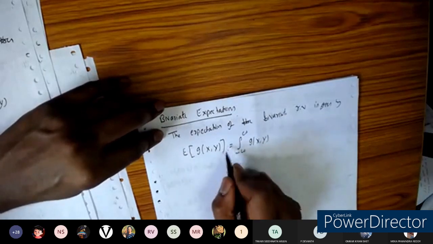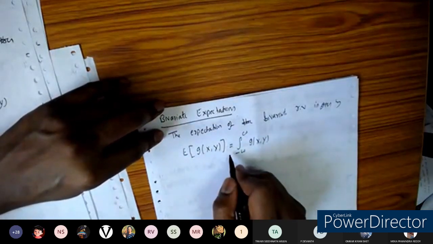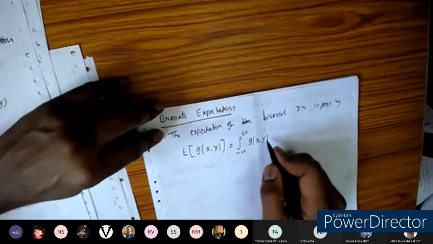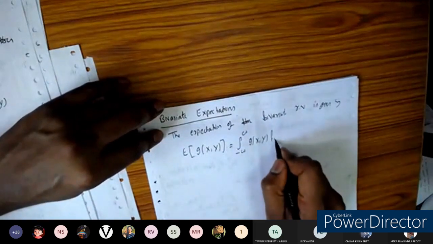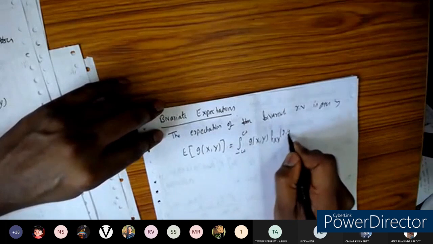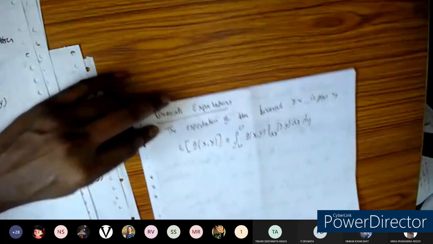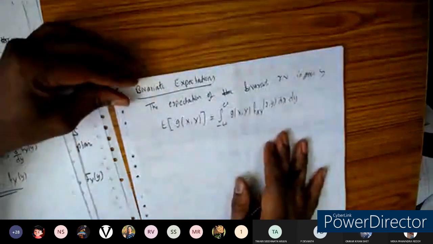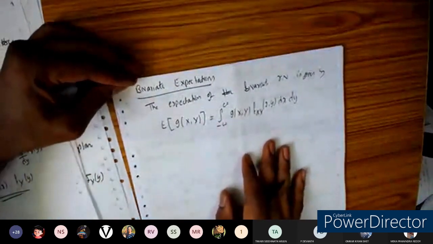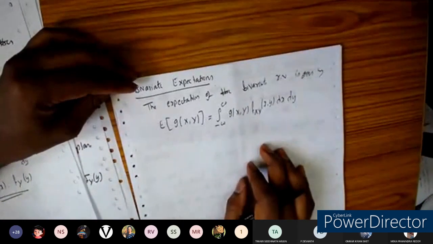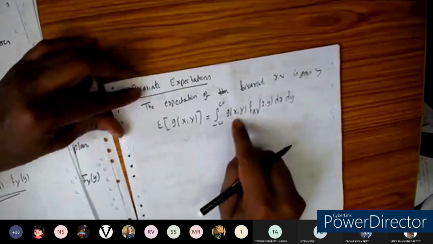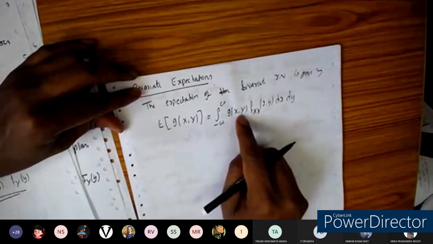We know the difference between x and g of x; we already saw it in the first module. I think you have remembered that one. So the expectation is the double integral of g of x comma y times fxy of x comma y into dx into dy. This is the expectation for the two random variables which have been considered. So g of x comma y is a function of two random variables x and y.